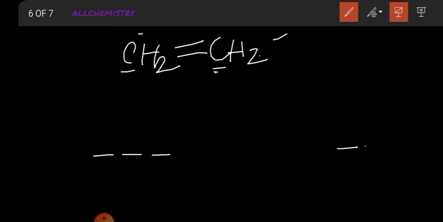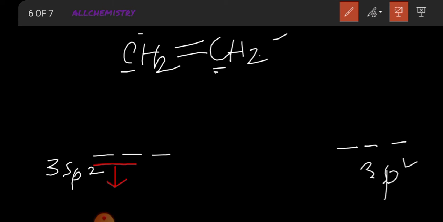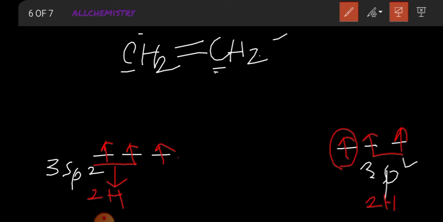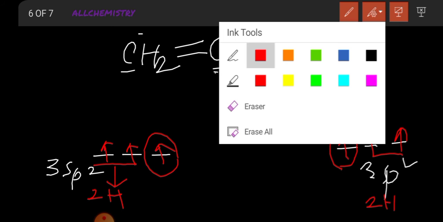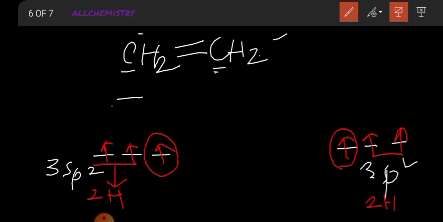Of those 3 sp2, 2 sp2 make bonds with 2 hydrogens, with 1 2 3 electrons, 1 2 3 electrons. The rest is 1 sp2 with 1 electron, and 1 vacant p for each carbon.